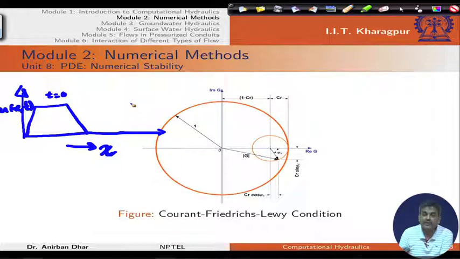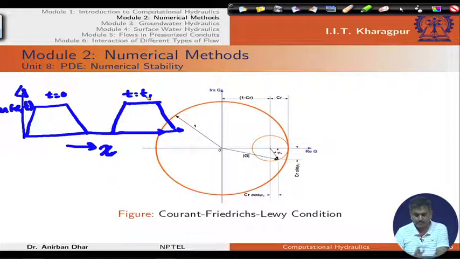Obviously, if we increase time and there is no change in the shape and it moves in the rightward direction at future time levels, then we can say that it is a pure advection kind of problem, and there is no diffusion in this case.